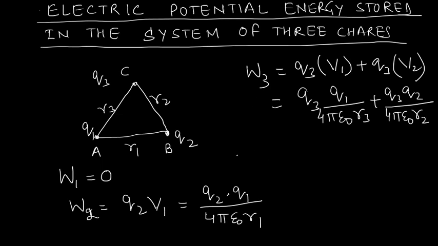Then what will be the net work done in bringing all the charges from infinity to their respective points A, B and C? That is W1 plus W2 plus W3.